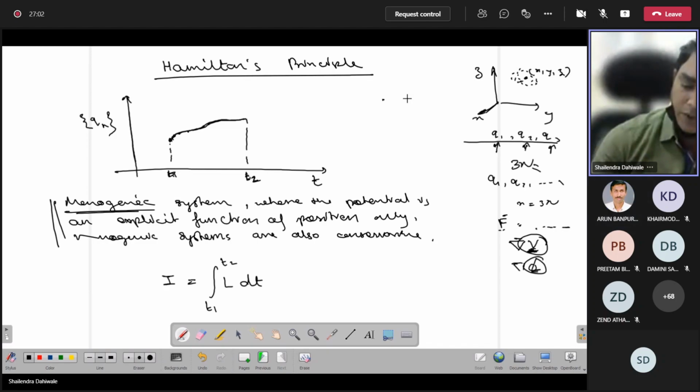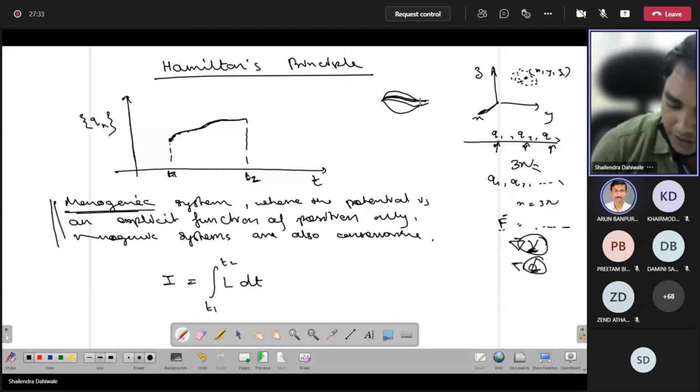Between these two points, it can go like this, like this, like this. There are many ways this system can go from one point to another in this time frame, but it will always follow the least possible path. It may take the least time, the least distance, or the least velocity.